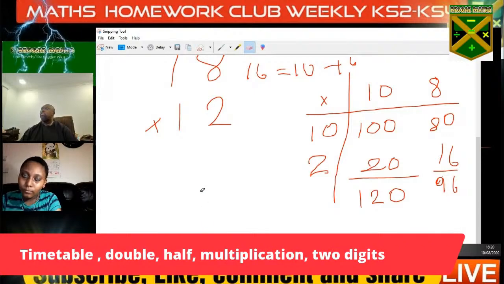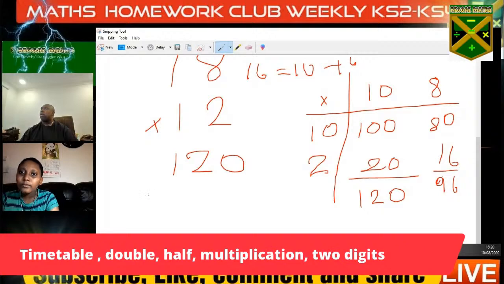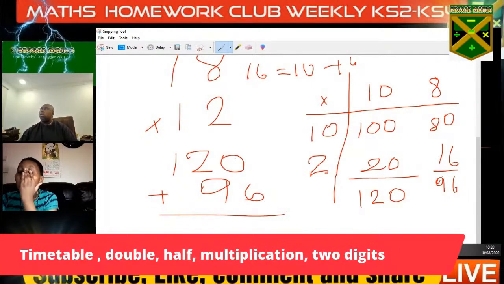So what we need to simply do now, Denzel, is to add together 120 plus 96. Okay? So, what's 0 plus 6? 6, thank you very much.